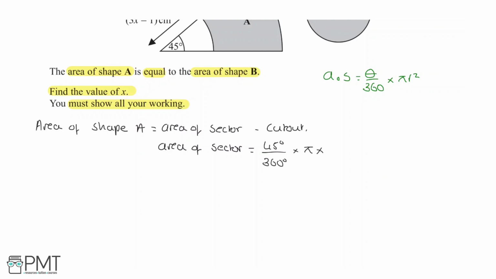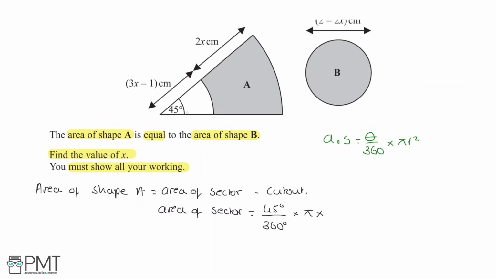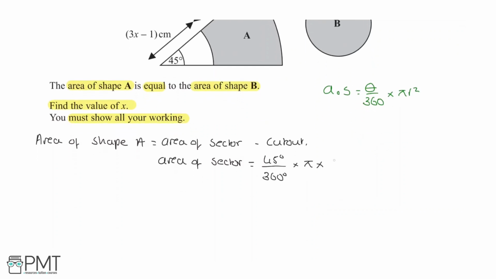Now our radius, if we look here, 3x minus 1 is our cutout, but the whole sector is including this 2x. So it's 3x minus 1 centimeters plus 2x centimeters, which is 5x minus 1 squared centimeters squared. Okay, so we need to square the 5x minus 1, and then the unit is centimeters squared because it's an area. Now, 45 over 360.